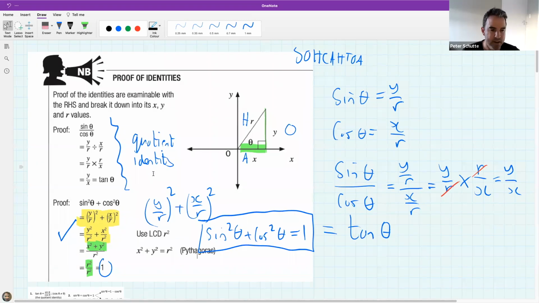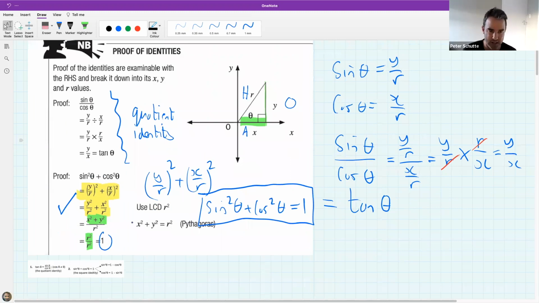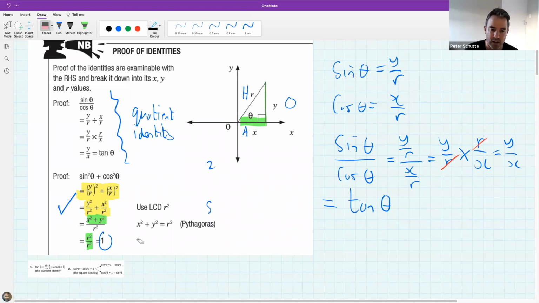Okay, so Alyssa, we'll go through it again because I went a little bit quick there. So the first step was to realize that sine squared theta can be written like that. And then cos squared theta can be written as x over r and then squared. Then what we did was we applied the power of 2 to everything in the bracket. And so we get y squared over r squared plus x squared over r squared.